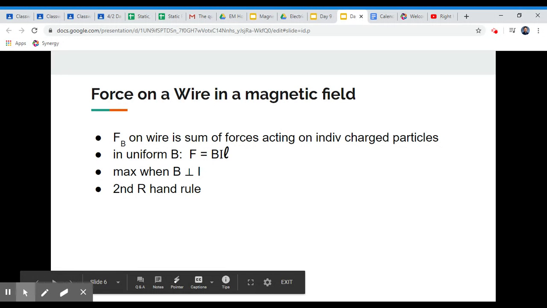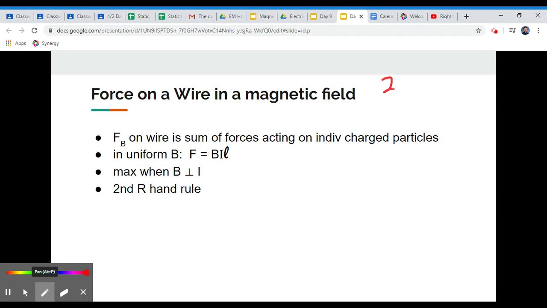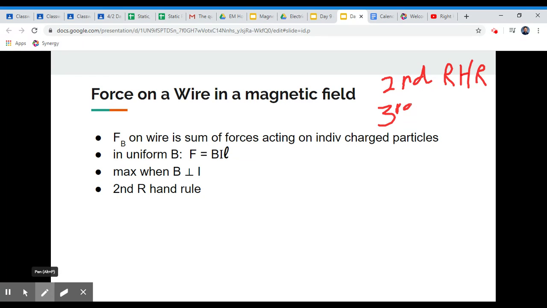For a force on a wire in a magnetic field, this one we're going to be using. This is our second right hand rule, and we'll be using this one a lot more. Luckily, this one is essentially the exact same as our third right hand rule. Remember yesterday when we talked about the third right hand rule, that was dealing with the velocity of a particle moving through a field.